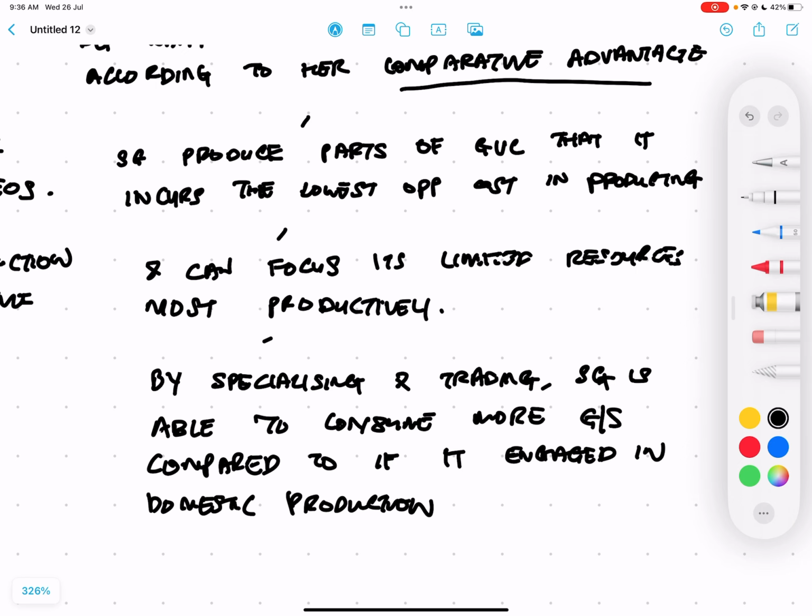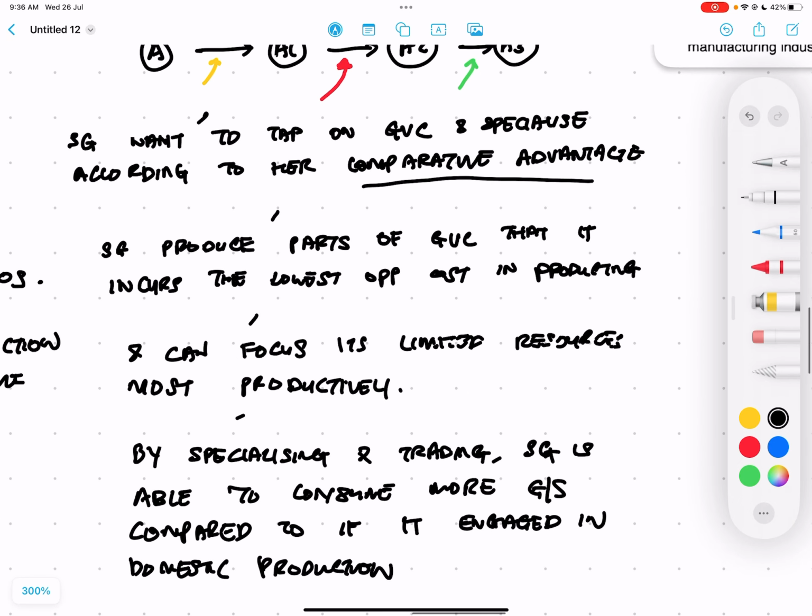So it's just identifying the central concept, comparative advantage, stating what it is, which is lowest opportunity cost, and then telling me the benefit, which is increased consumption levels.